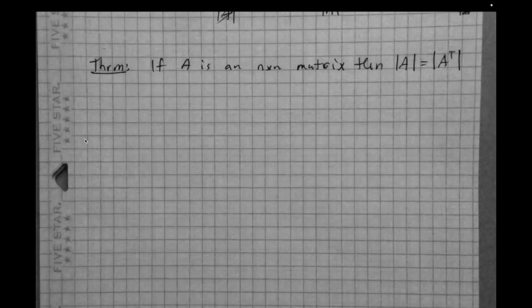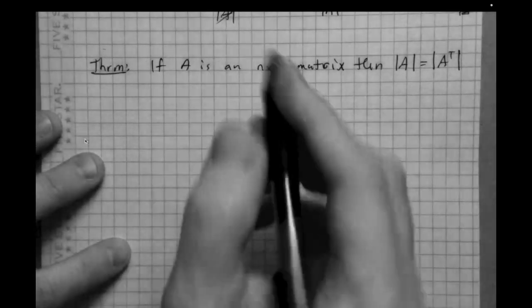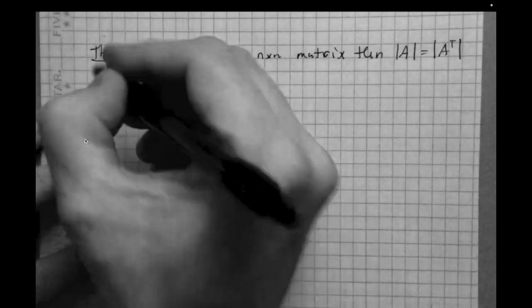Okay, so again, about as nice as you can hope for. Let's do an example here. I don't think we'll prove this one, just in the interest of time. But let's do an example.